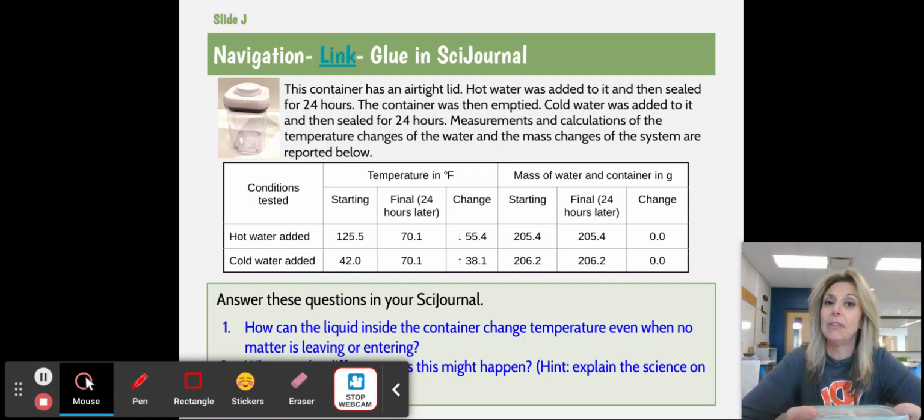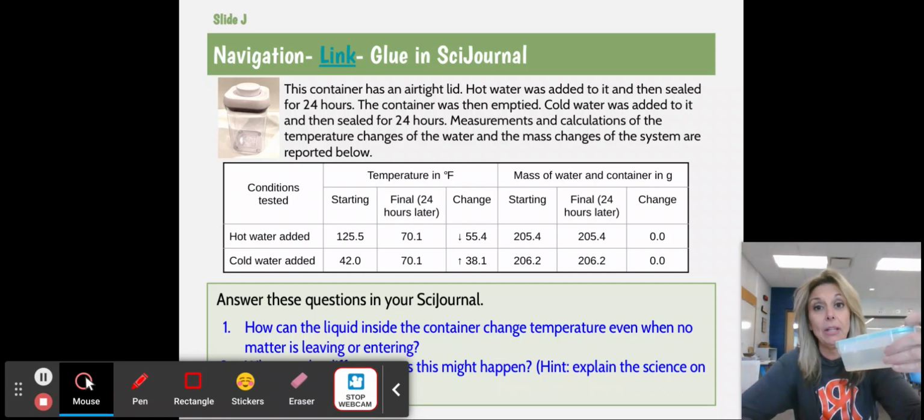We also did an investigation where we found that if we do not have a lid on the container, that mass can leave the system, temperature can change, and therefore so does mass. But in this investigation, in this tabular data, we can see that if it's an airtight container, that mass doesn't change after 24 hours, but temperature can change.